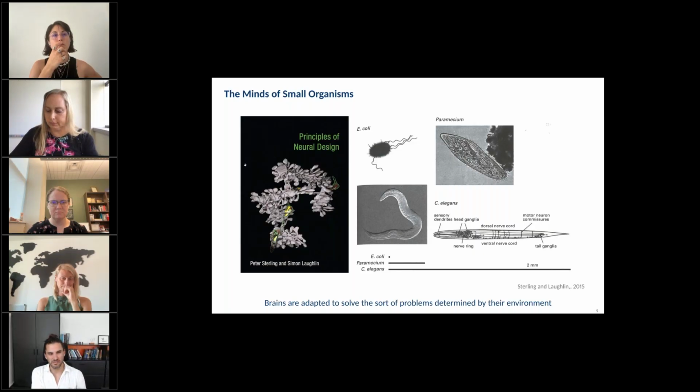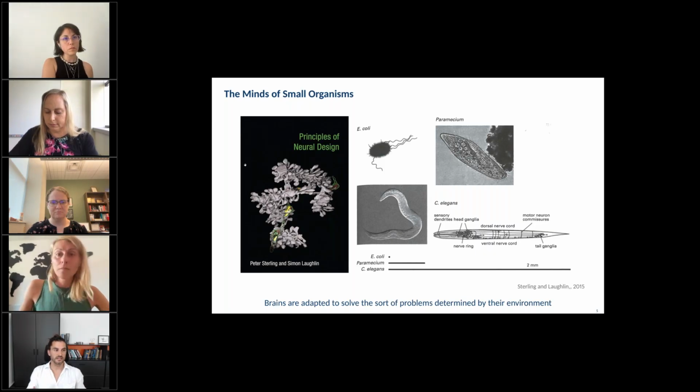And this is a fantastic book by Sterling and Laughlin, which nicely explains, even in the introductory chapter, how even small organisms really adapted their memory and their bodies to the immediate environments that they will likely encounter. There's no point for a C. elegans to remember things across days or years.